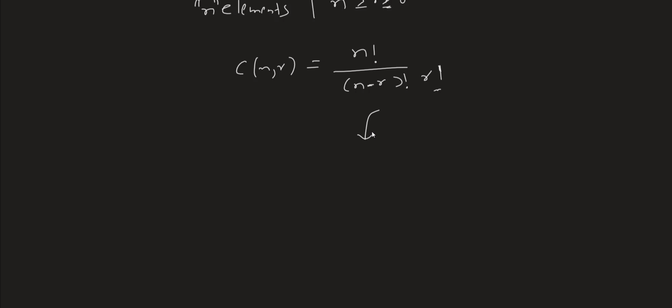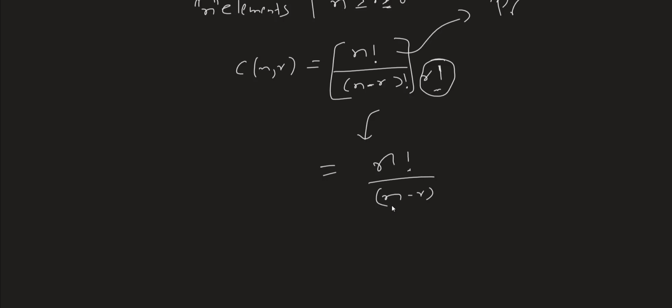So this was the definition for combination. A part of it is like the permutation, and we have this part added to it, times 1 by r factorial. So this part is common with nPr, or permutation.